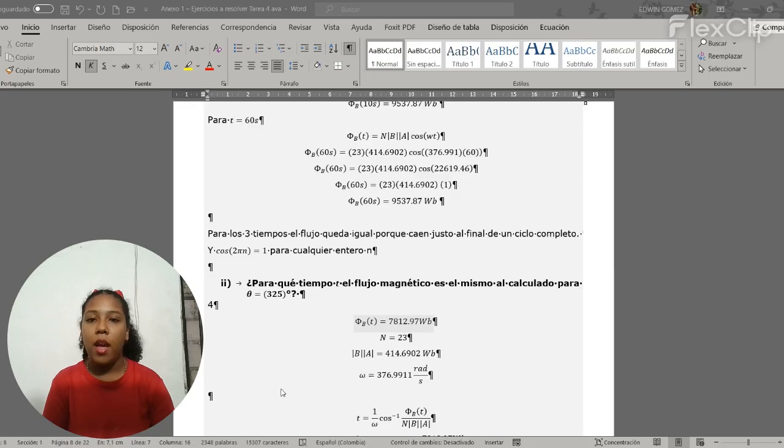The problem also asks for the moment in time when the flux matches the value obtained for the angle.